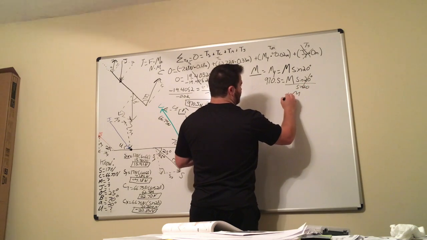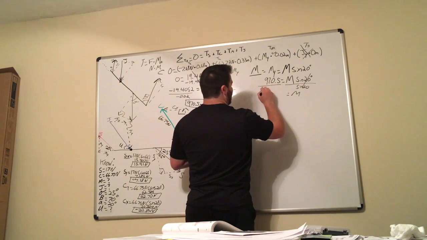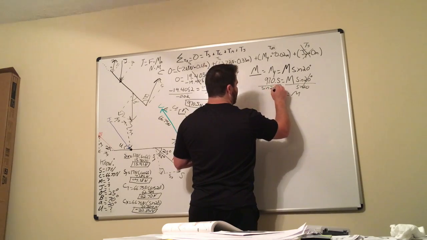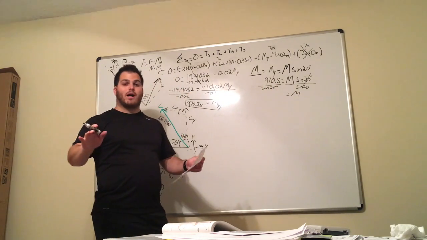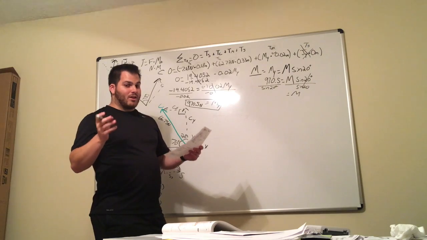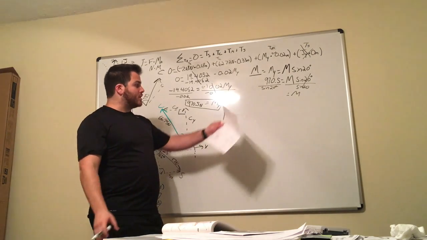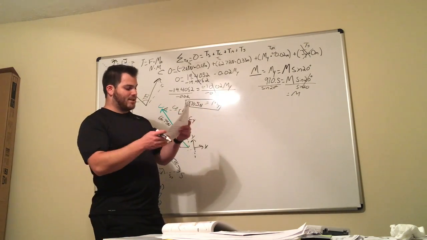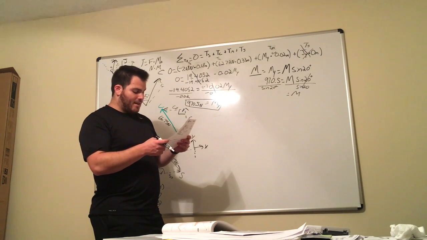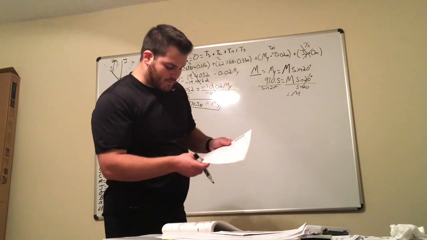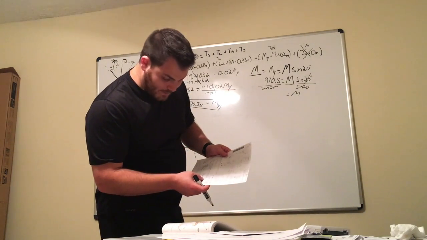You have your m is equal to, and then over here you divide by sine of 20 degrees, and you get, this is the problem. Ideally, in the real world, you should keep whatever your calculator says. So when I did this, I found it to be, I'm saying, is this what I found it to be, or is this what they found it to be?